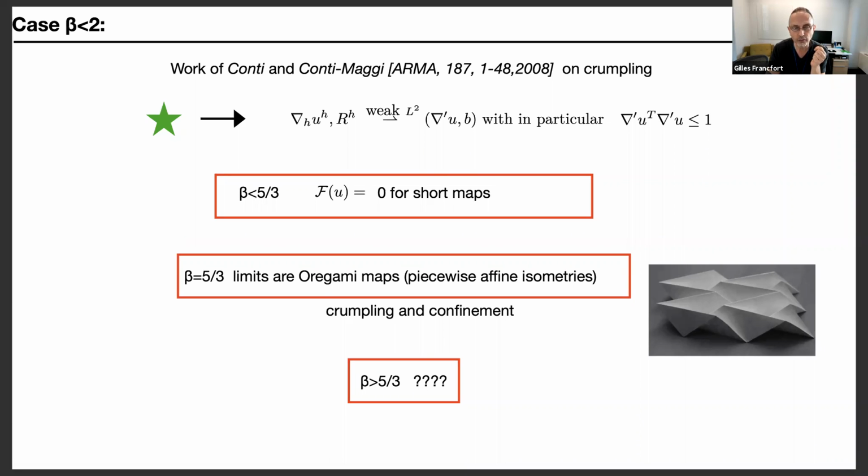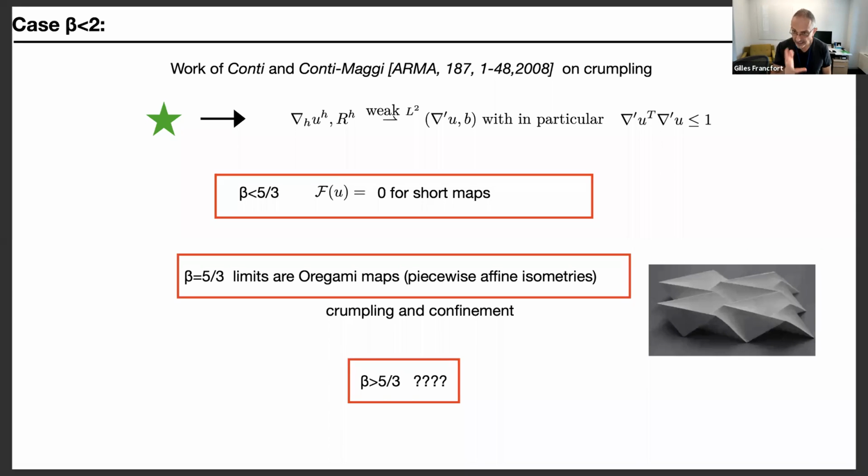For beta equals 5/3, they don't know what the gamma limit is. All they can say is a little bit more about those short maps. They can say that there are origami maps, so there are piecewise affine isometries.